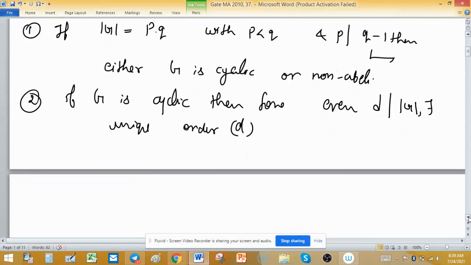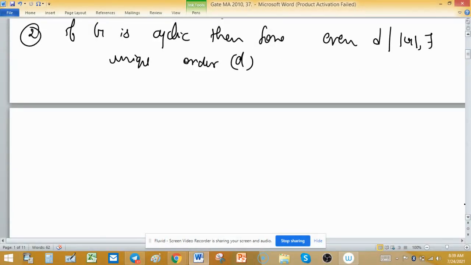And the third fact, you have to focus on my words, not what I have written here, because I can skip something as I am not able to write faster.